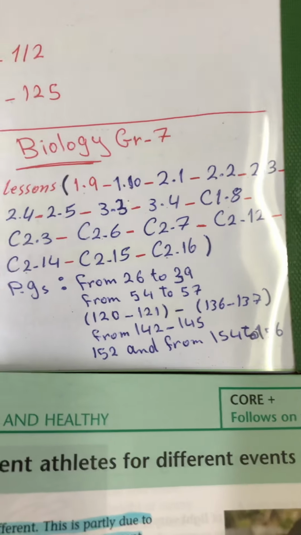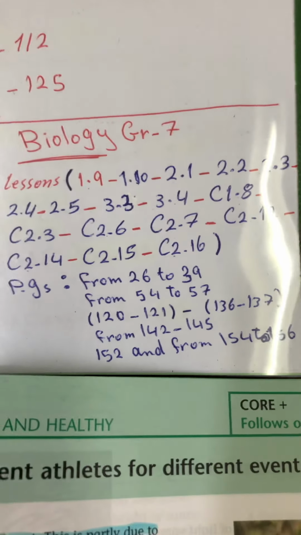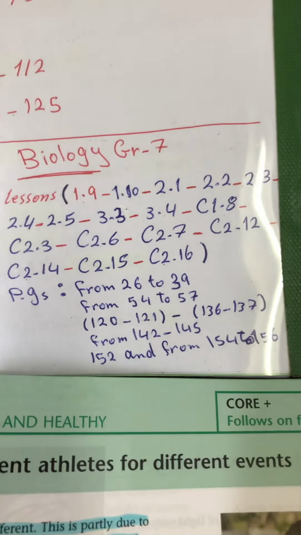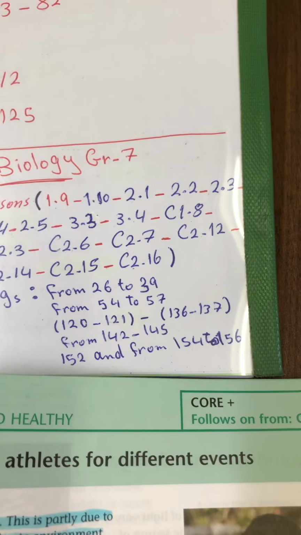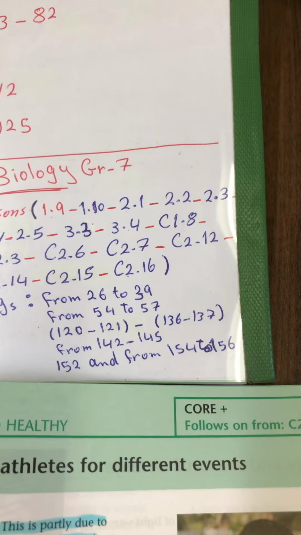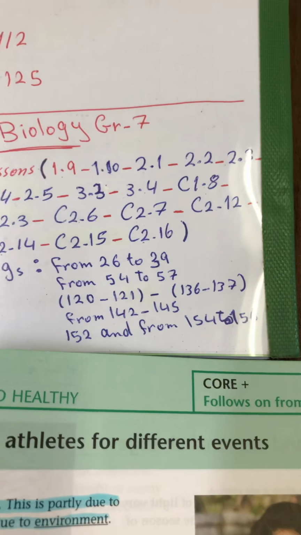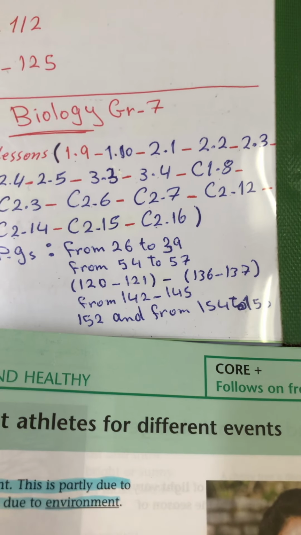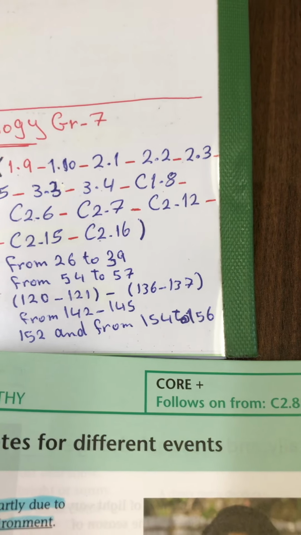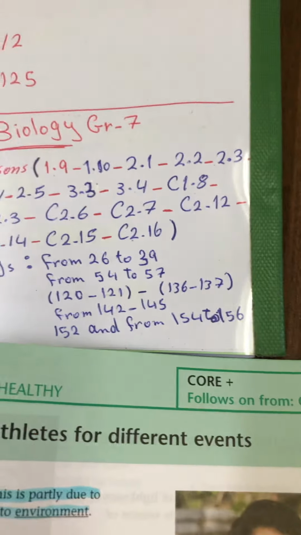The pages for these lessons are from 26 till 39, page 54 to 57, page 120, 121, page 136, 137, from 142 to 145 and 152, then from 154 to 156.